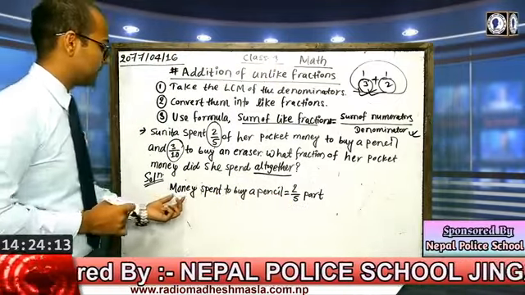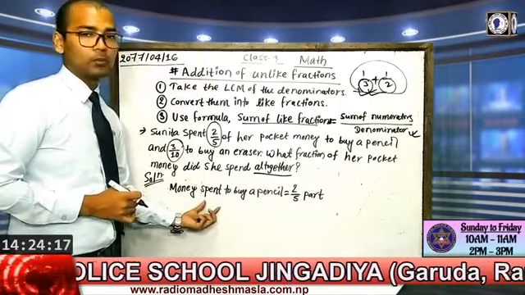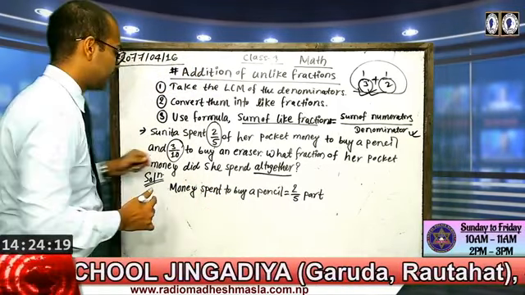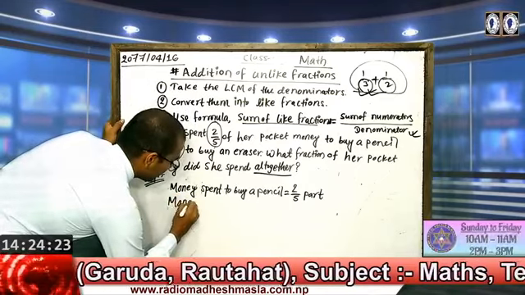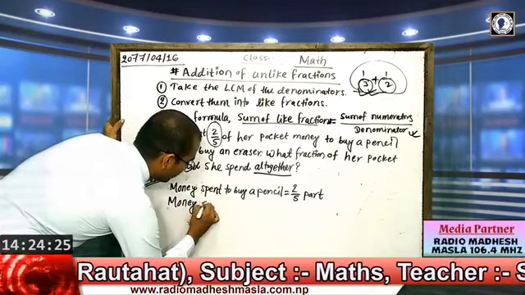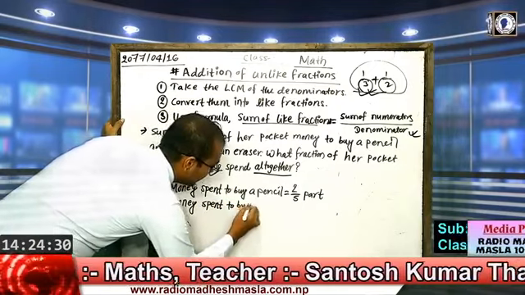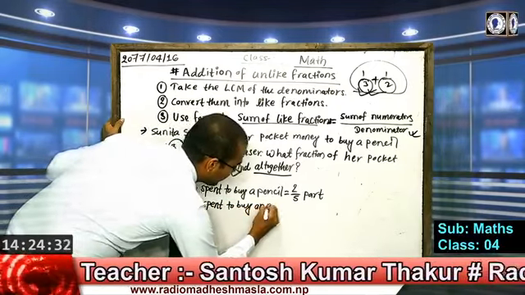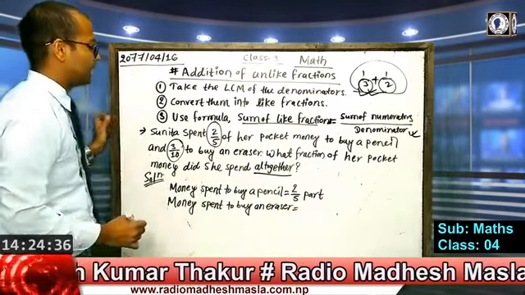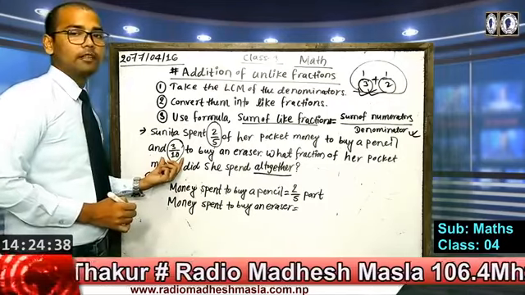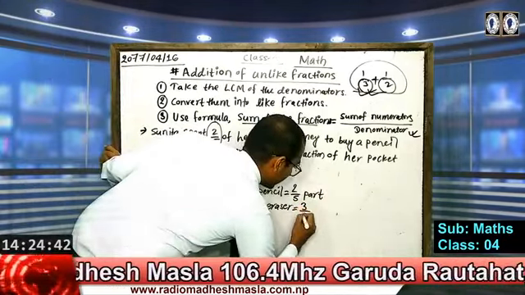That means she spent 2/5 parts of her money to buy a pencil. In the same way, the money spent to buy an eraser is 3/10 part.